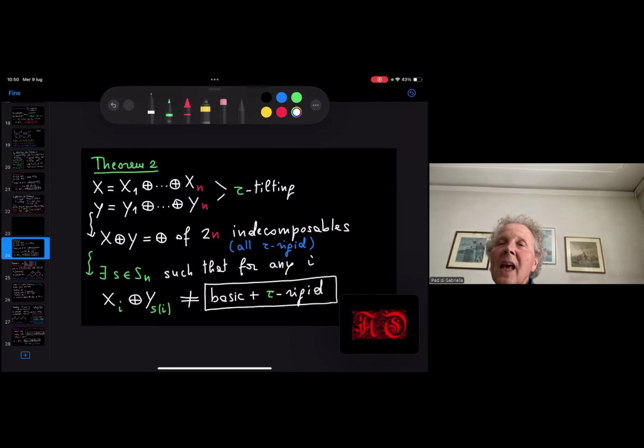If X and Y are two tau-tilting modules, then when we build the direct sum of X and Y, we have a direct sum of 2n indecomposable modules, and all these indecomposable modules are tau-rigid. What happens is that there is a permutation S such that for any i, the direct sum of Xi and YSi is not basic plus tau-rigid.